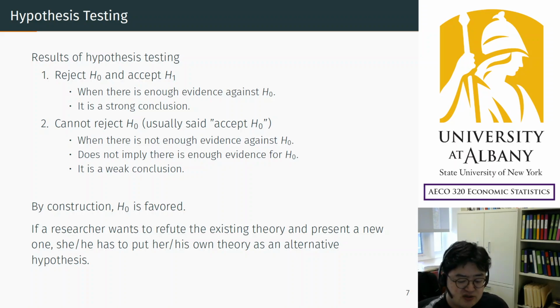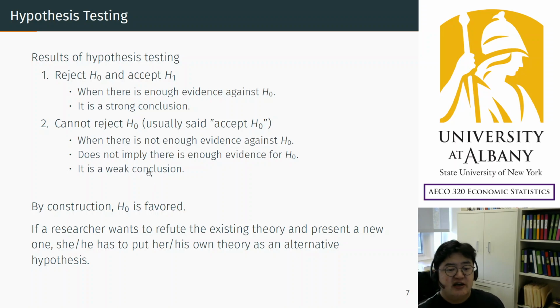So as you saw, by construction, the null hypothesis is favored over the alternative hypothesis because you just believe that. And then there are two decisions, choosing null or choosing the alternative, but between them one is much stronger than the other, right? If you choose the alternative hypothesis, that means you have very strong evidence, so the strength is much stronger.